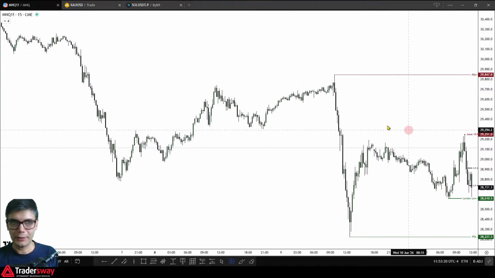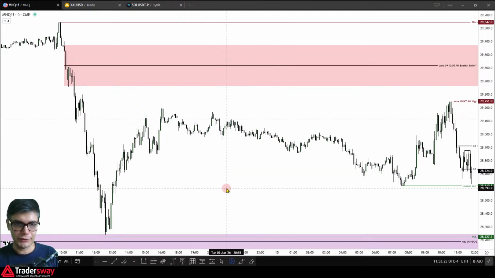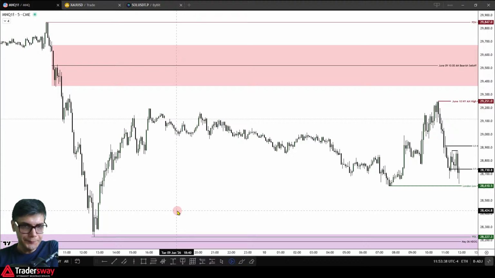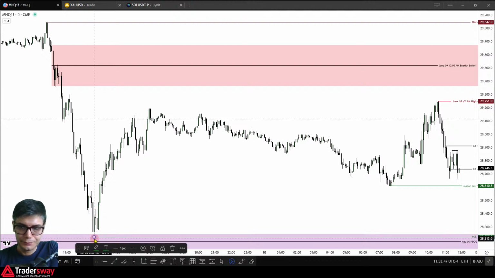All right, let's go to 5 minutes to find a liquidity area that could be interesting. It came short to London low. Look at that. So that trade is still active, still valid, but I will check the order flow. We have a 3. Yep. That's the previous day's low, very far, respecting the London low. I don't like that.